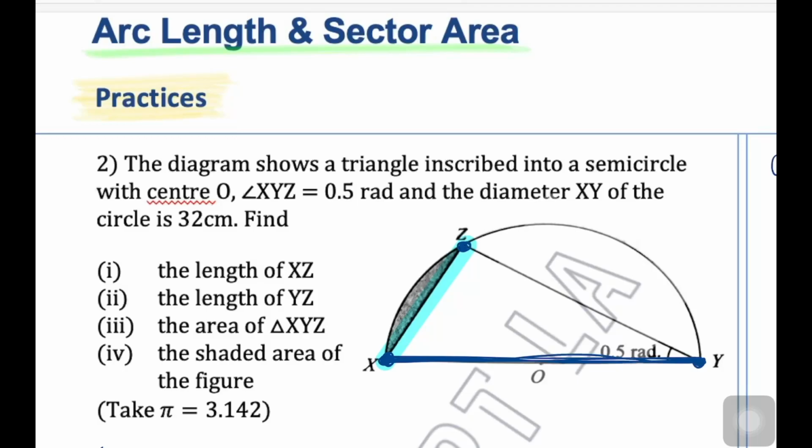So because of that, you should straight away be able to realize that this triangle is going to be a right angle triangle.